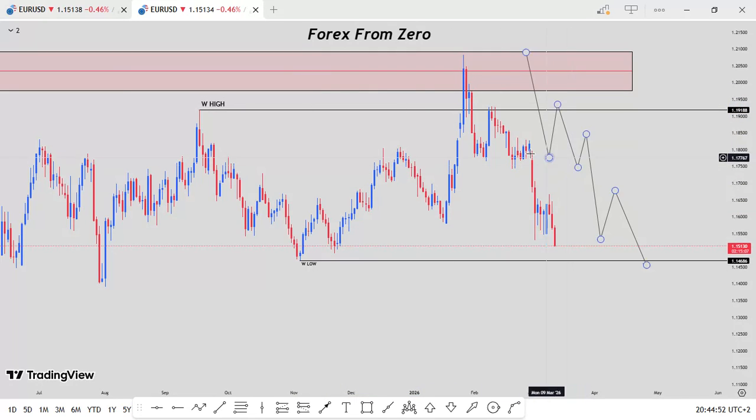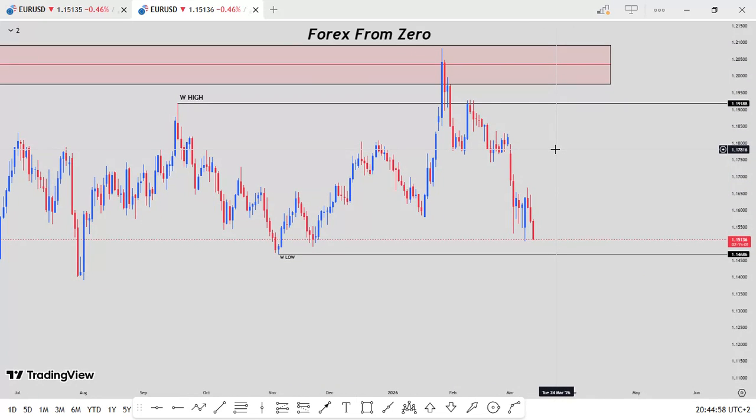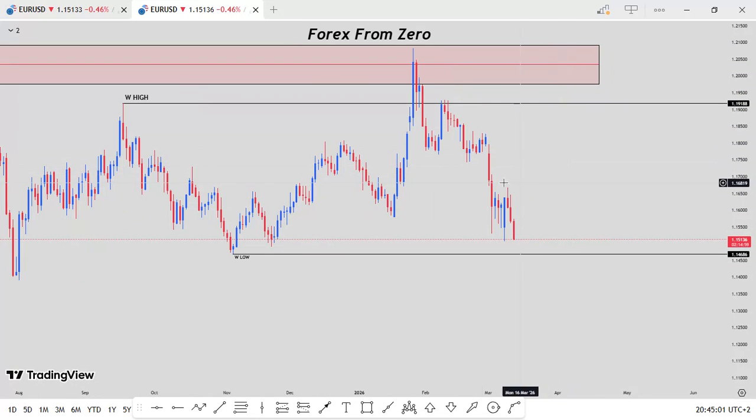Looking at the daily to say we are in a downtrend, what was my next move before the week even started? Looking at this pull, we had this candle and this candle showing momentum to the downside, and one level that I spotted was this level here.